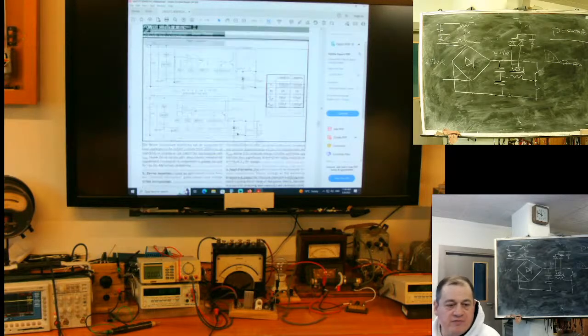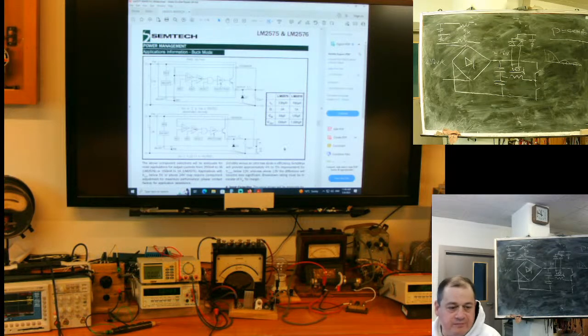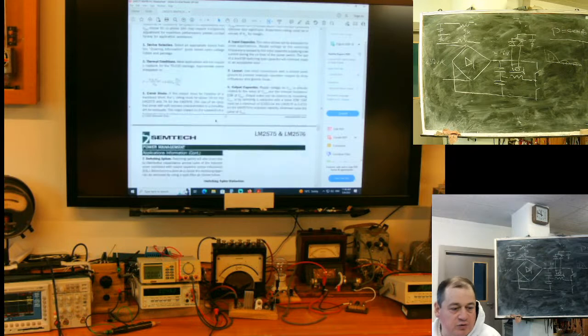Let's go forward. Application when you need a fixed voltage or adjustable voltage with a divider. In this version, output voltage is lower than the input voltage.